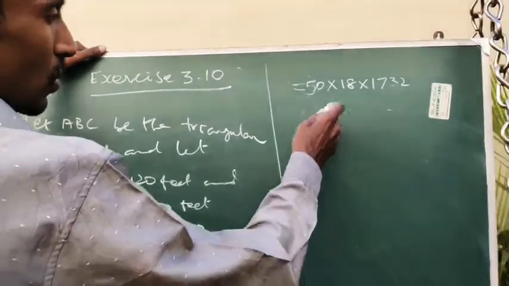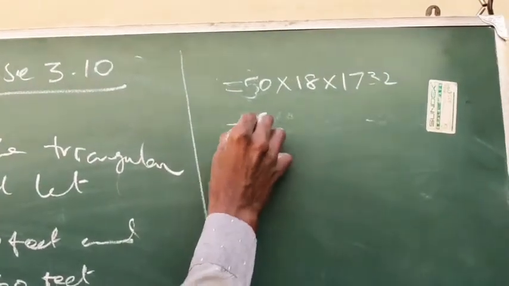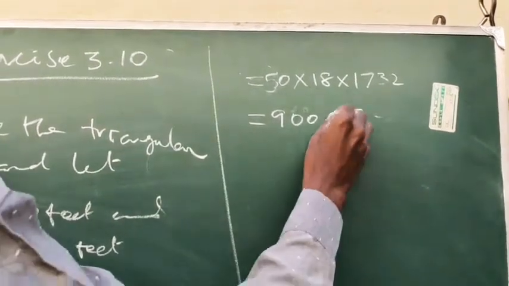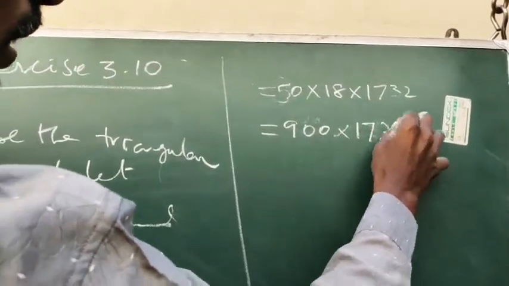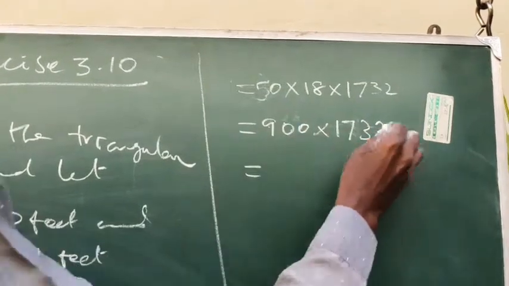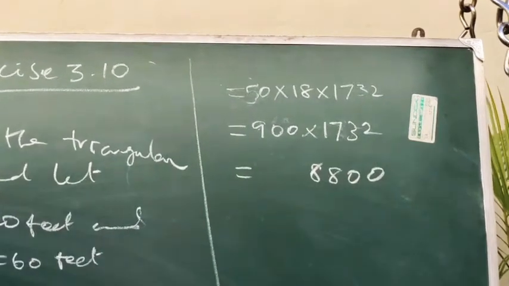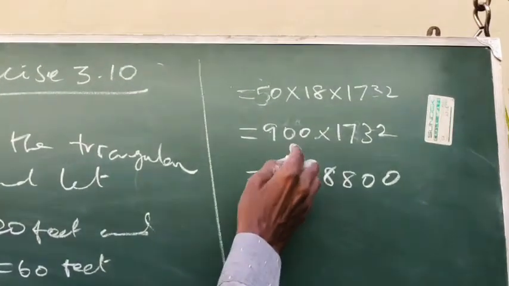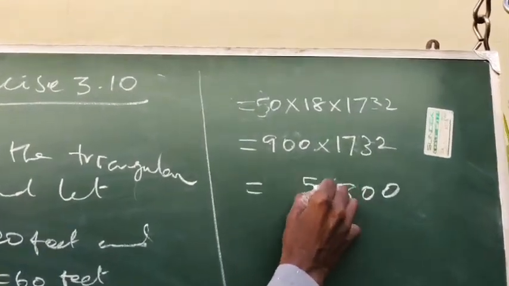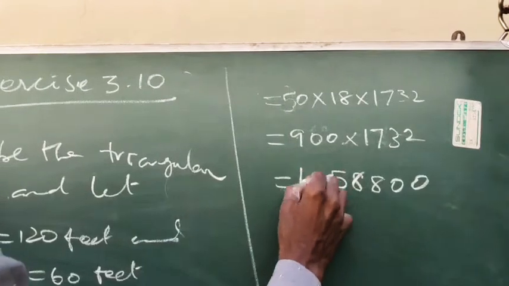So 50 into 18 into 1732. 5 18s are 90, so 900 into 1732, and put 2 zeros. 9 into 2 is 18, remaining 1. 9 into 3 is 27, plus 1, so 8, again 2 remaining. 9 7s are 63, plus 2 is 65, remaining 6. 9 plus 6 is 15.